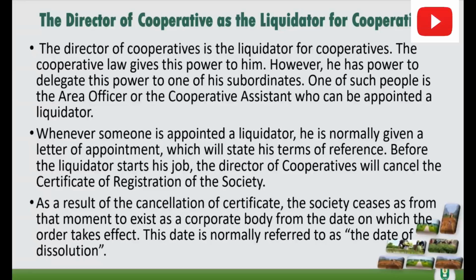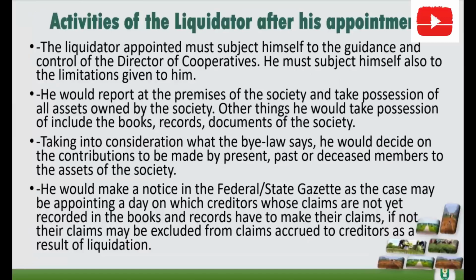Now, let's highlight the activities of the liquidator after his appointment. The liquidator appointed must subject himself to the guidance and control of the director of cooperatives. He must subject himself also to the limits or limitations given to him. He would report at the premises of the society and take possession of all the assets owned by the society.